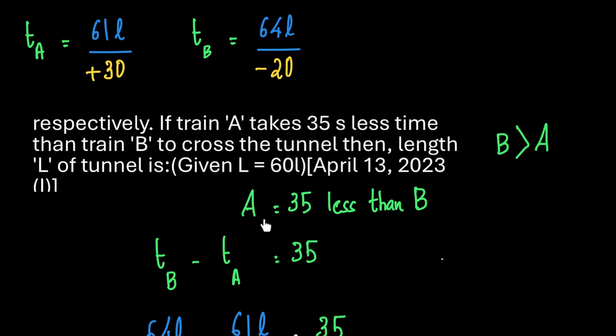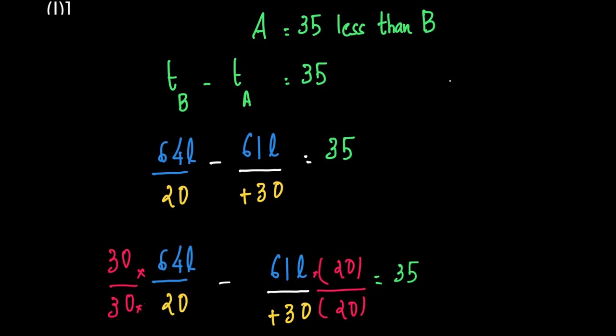And since A is 35 less than B, it otherwise means that B minus A should be equal to 35. Right? So TB minus TA is equal to 35. We will plug in TB and TA. What do we get? So we get 64L by 20 minus 61L by 30 is equal to 35.